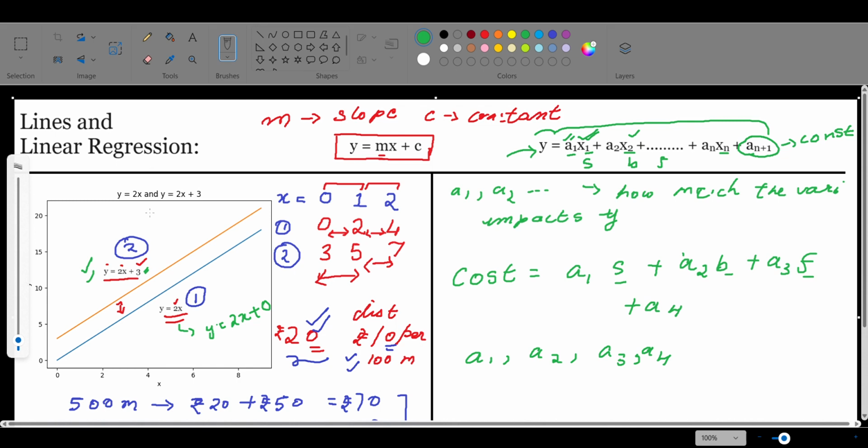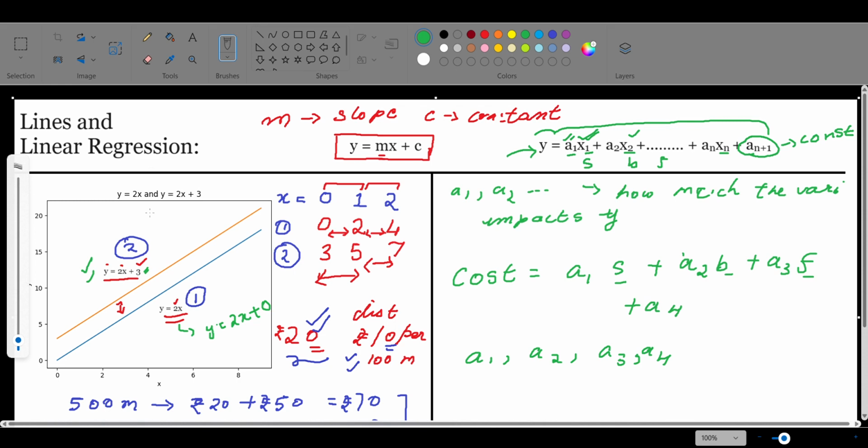So this means if you had all these variables' values available for, let's say, 10 houses, you could use those values to create an equation, find a great approximation for A1, A2, A3 and A4, and then use that equation you've created to predict the cost of a new house.